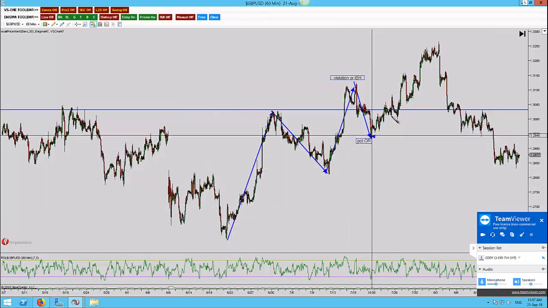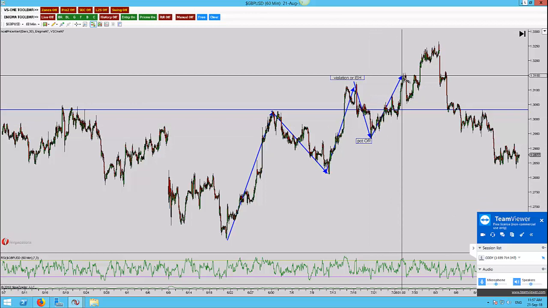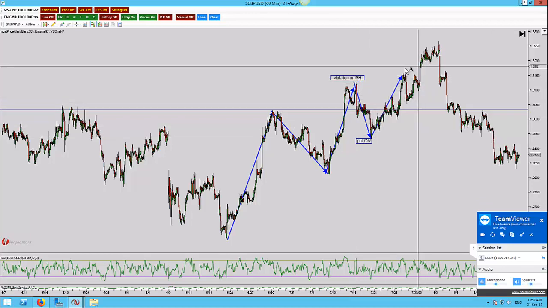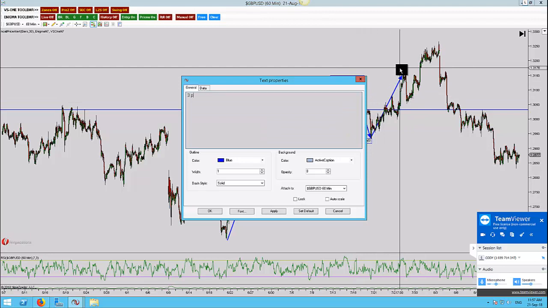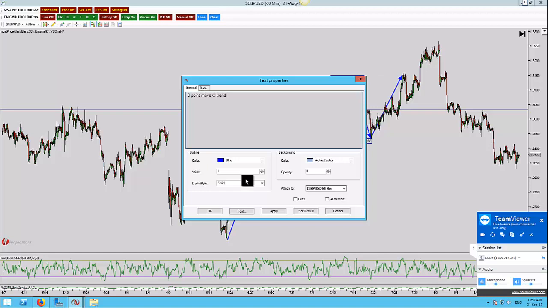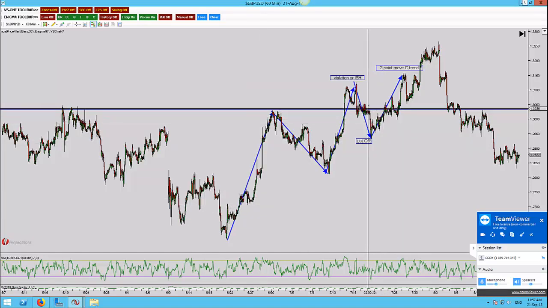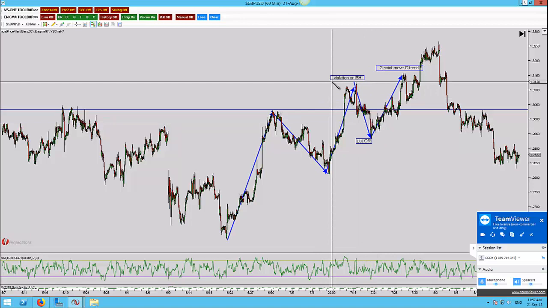And then when we make a new high above this level, we now have a 3-point move, confirmed trend.